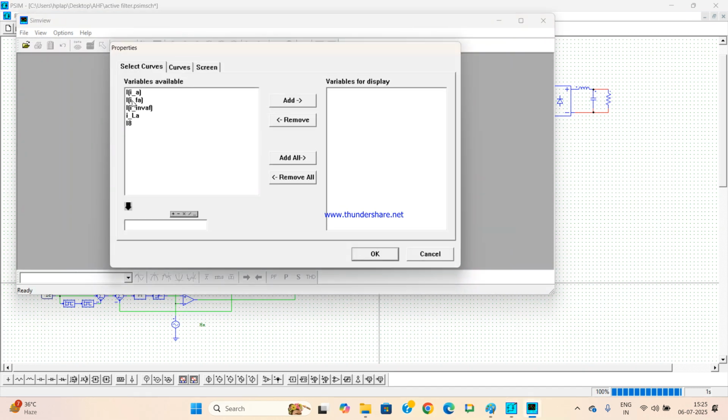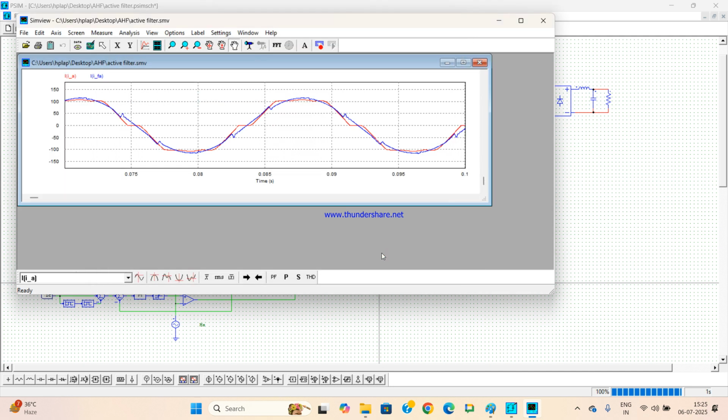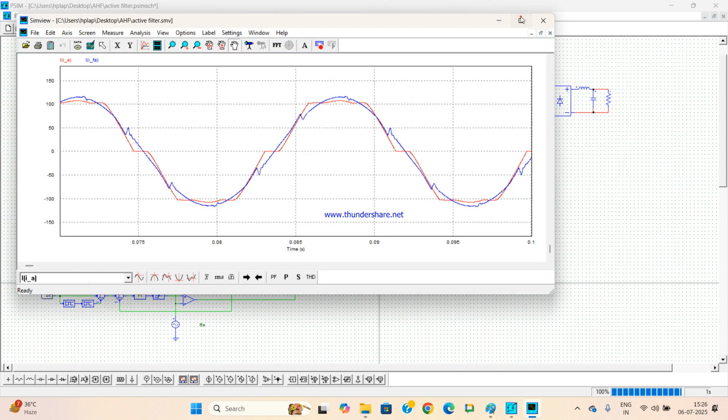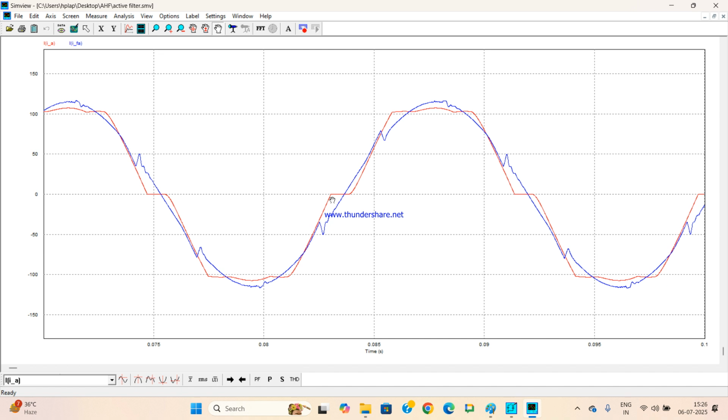So this is the current without the filter, and this is with that inverter. Now you see the red color, there's a lot of distortion. This I have made very quickly, just for further calculation.